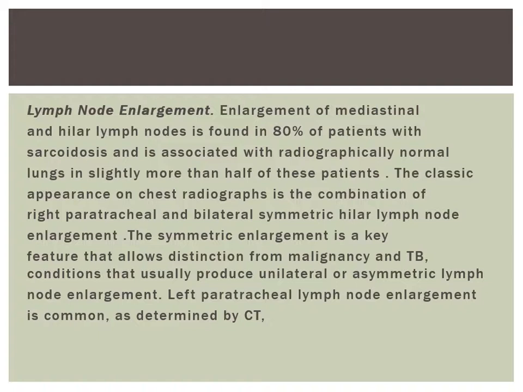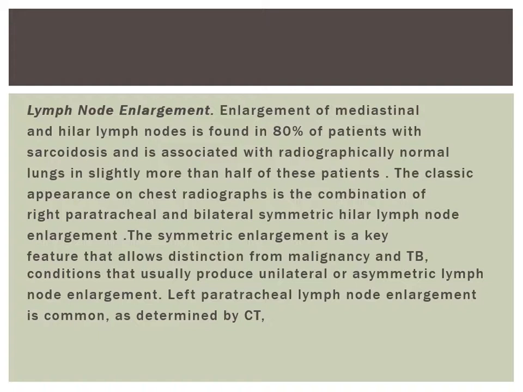Lymph node enlargement may be found in 80% of patients with sarcoidosis. The classic appearance is a combination of right paratracheal and bilateral symmetrical hilar lymph node enlargement.